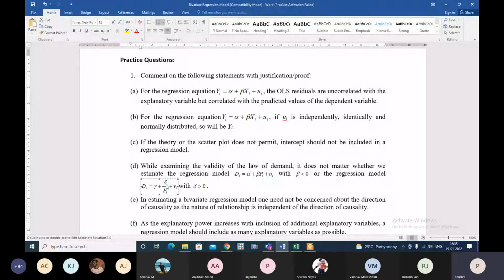But then, simply looking at the inverse relationship between the two, is it enough? So the slope is also negative, right?